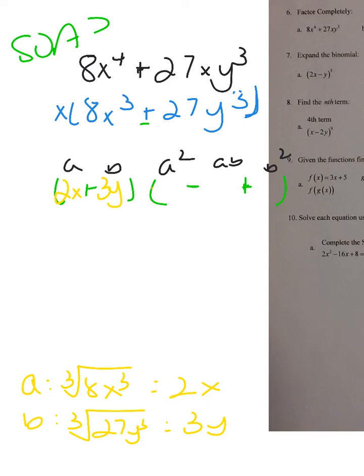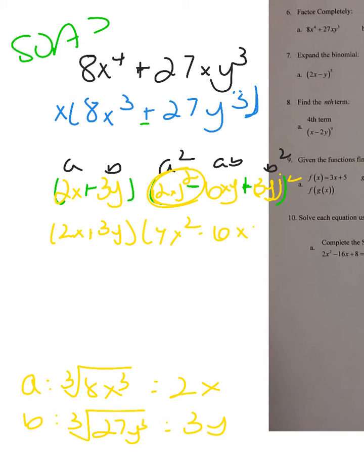And then it's (2x) squared, and in the end, it's (3y) squared. I'm using parentheses because I have to square it. And then it's a times b, so it's 6xy. So this will be 2x plus 3y. When I square this, I get 4x squared minus 6xy.